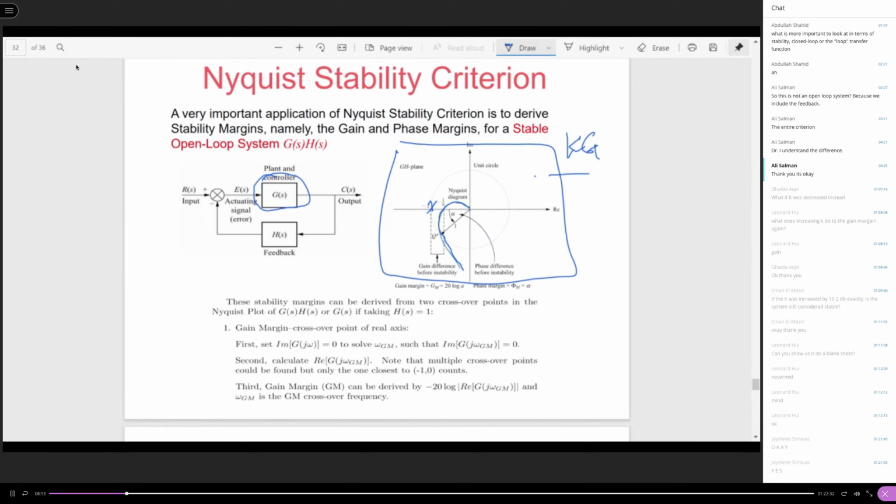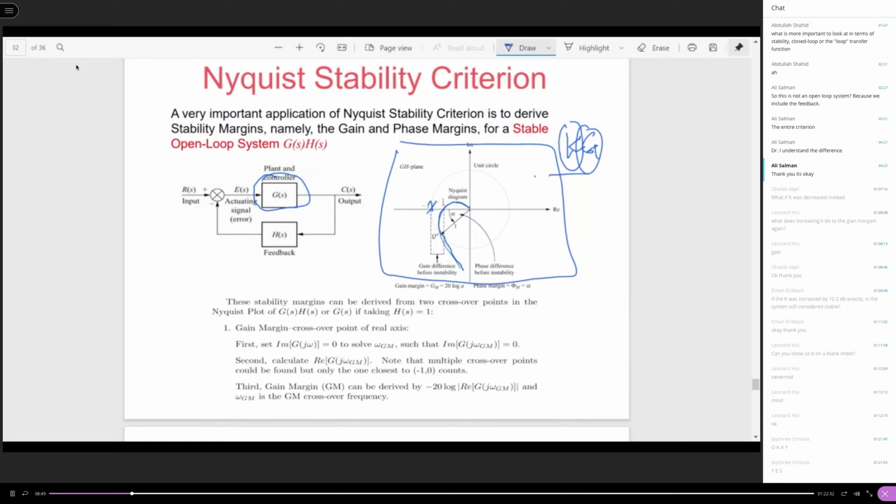So if k is larger than 1, because k is a pure gain, it does not affect the phase of G(s)'s Nyquist plot. In this case, it will expand the plot radially. Every direction is going to be expanded or shrunk by the same factor, depending on the value of k.